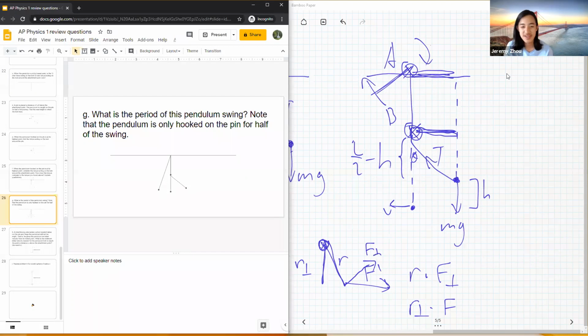So yes, you do treat it as a shorter pendulum, because essentially it's hooked on the pin. The stuff up here is not important anymore.